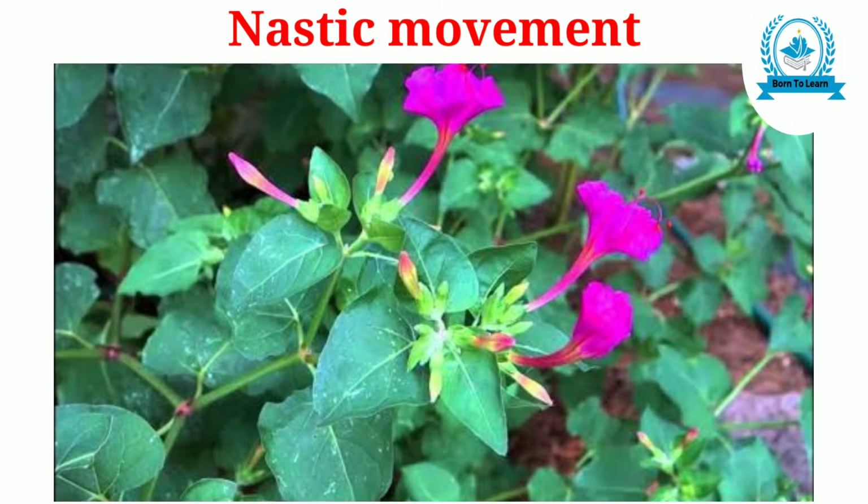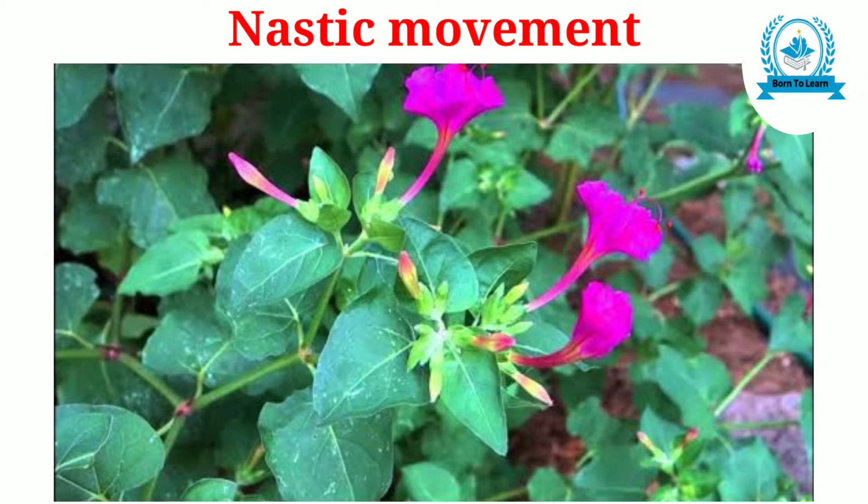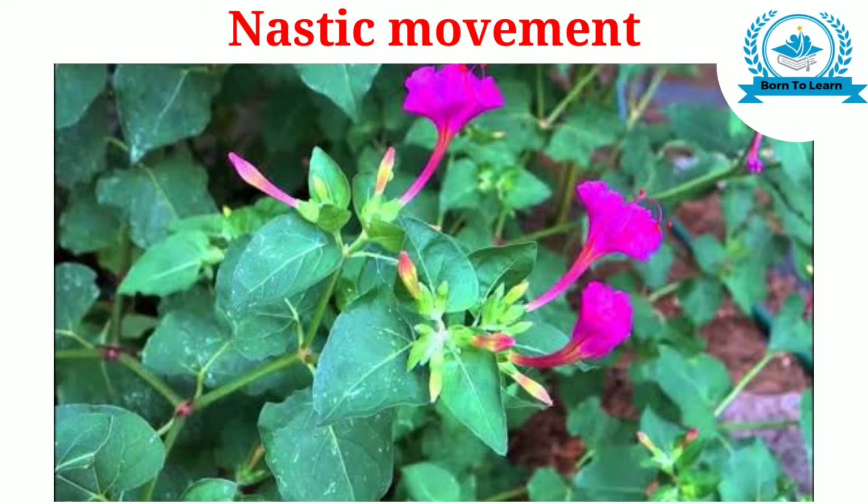We have just said that most of the movements of the plant parts are caused by their own growth. Now, since the growth of a plant part is usually a slow process, most of the movements of plant parts are very slow. There are, however, some exceptions.